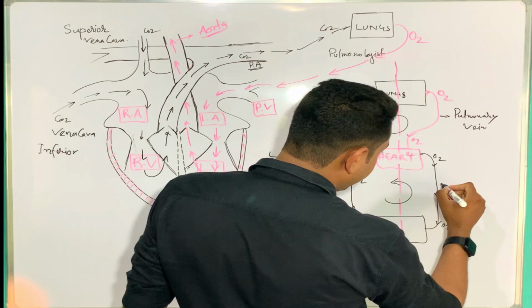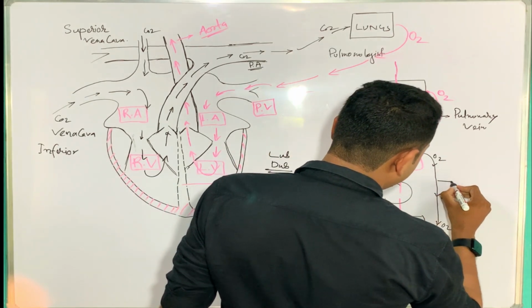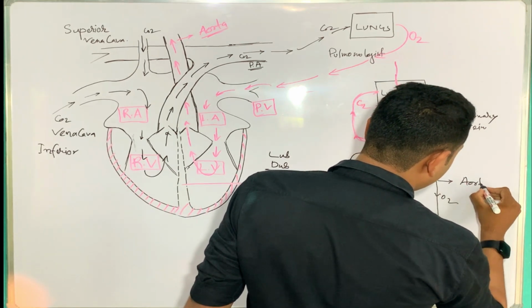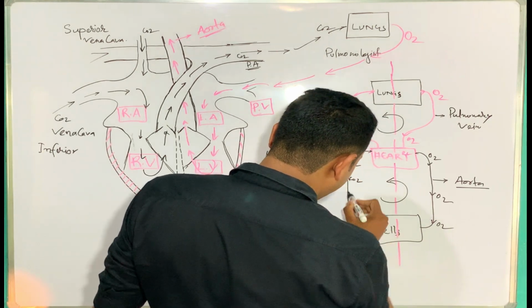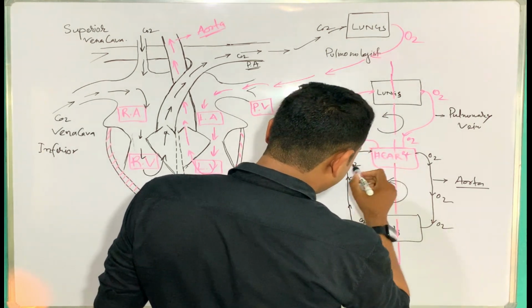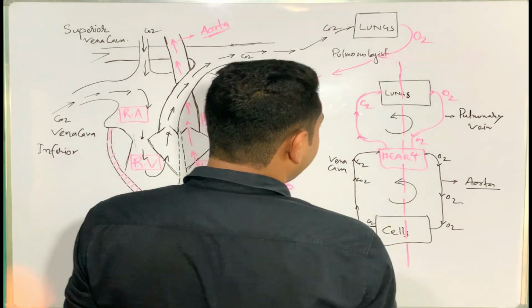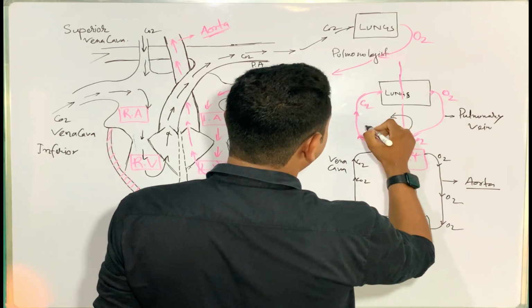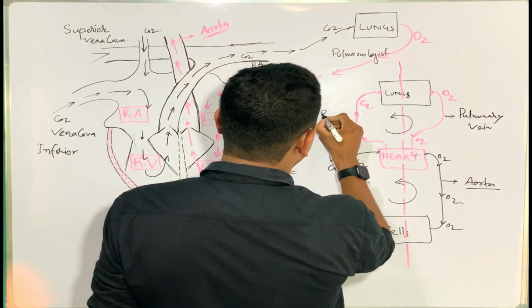From the heart it is taken to our body parts, so this will be the aorta. From the body, carrying carbon dioxide to the heart, it will be the vena cava, since it is the largest vein. And from the heart, carrying that deoxygenated blood to the lungs, it will be the pulmonary artery.